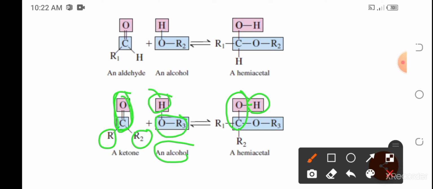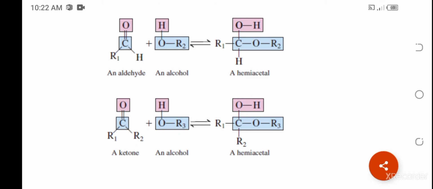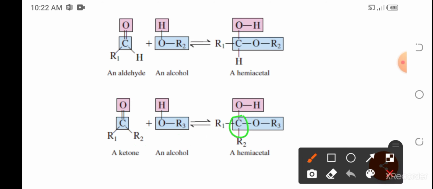And the remaining part, which is the alkoxy, will be attached on the free bond of the carbon in the carbonyl, previous carbonyl part. Okay? So, hemiacetal pa rin siya kasi meron itong carbon atom bearing hydroxyl and an alkoxy. Okay? So, that same carbon atom will bear the hydroxyl group and the alkoxy group.